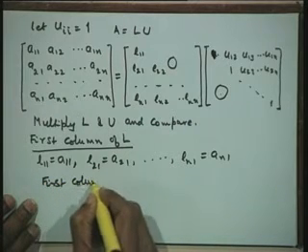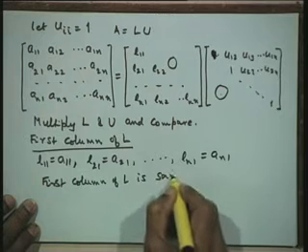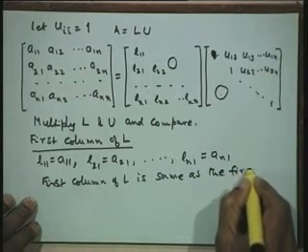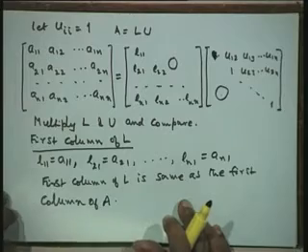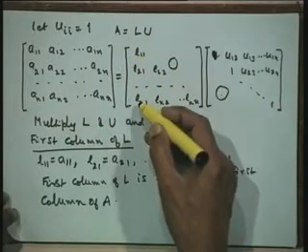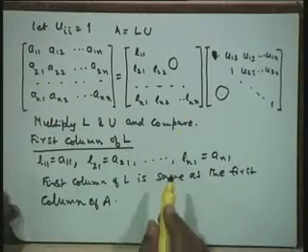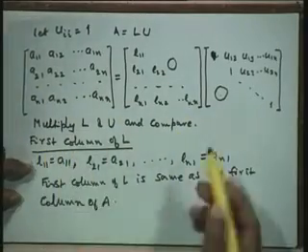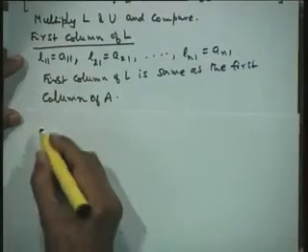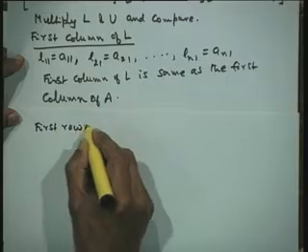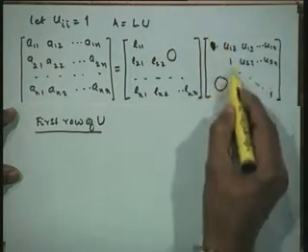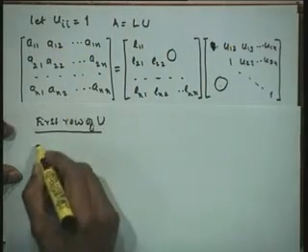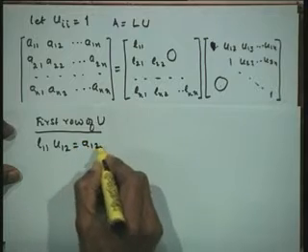In other words, there is no computation involved here, we just replace the first column of L by the first column of A. Then we go to the first row of U. In the next step I would proceed with the first row of U. Now, multiplying the first row with the second column, L11 into U12 is A12.